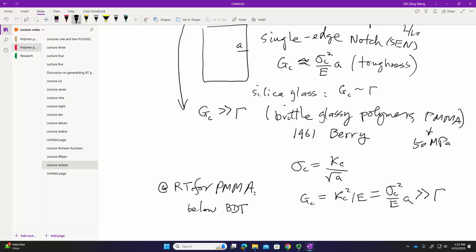Nevertheless, this GC defined by Griffith, and later we credit this as Griffith and Irwin, this GC, the critical energy release rate, is found to be much larger than the surface fracture energy for polymers.